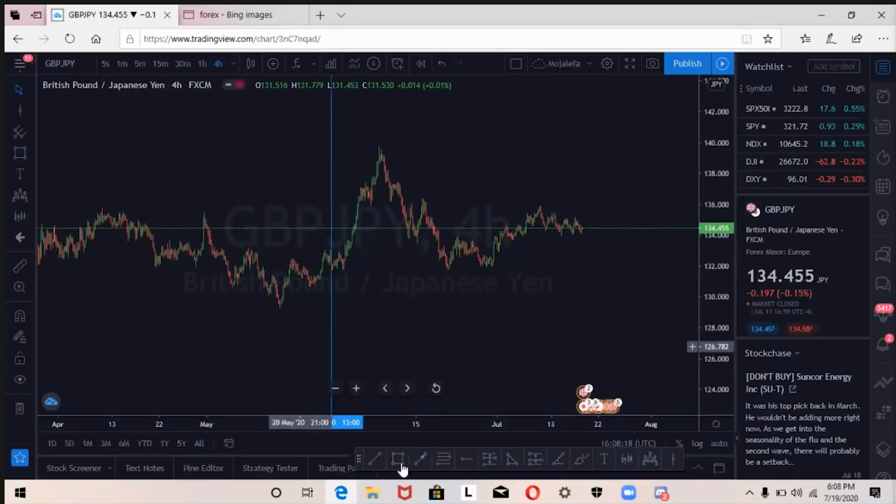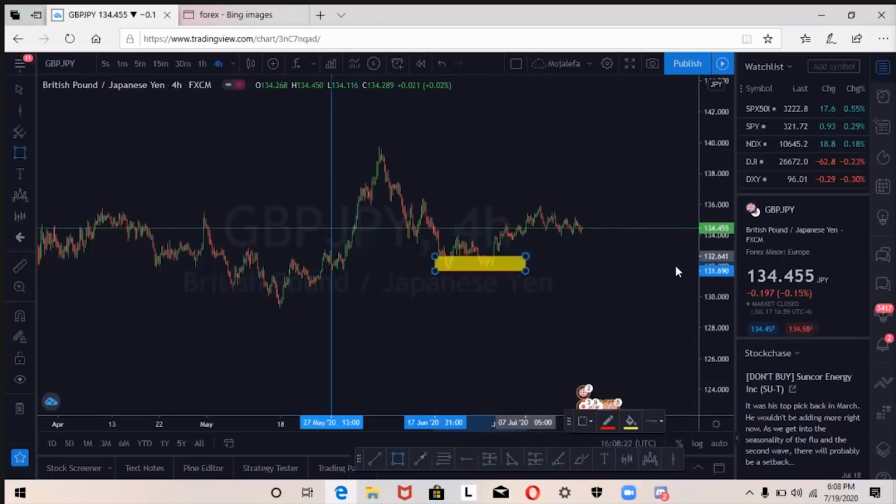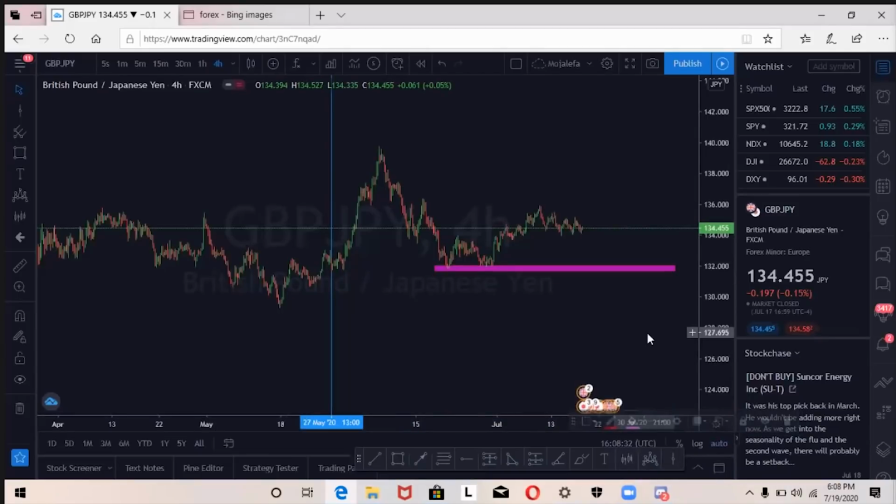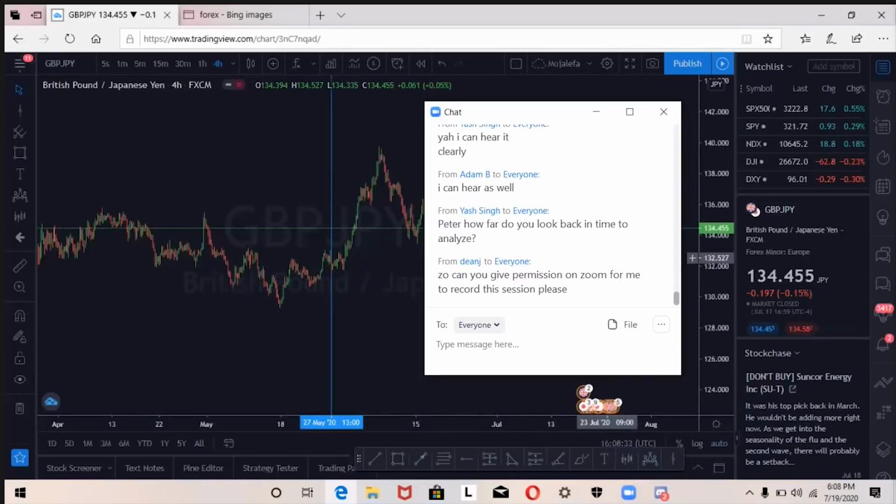So first of all, we have our support here, which looks more like a double bottom. Let me change the color. I like pink or purple. Yeah, it's gonna look something like this.